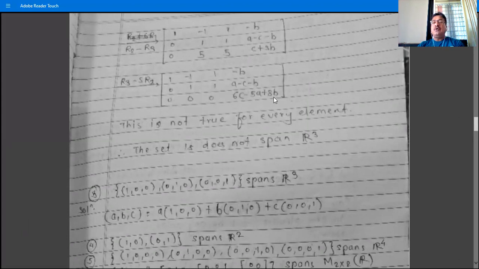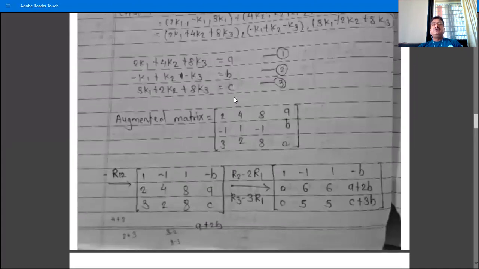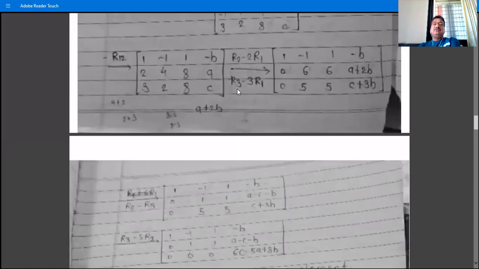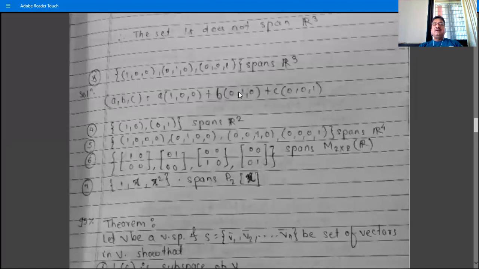And this is not true for all A, B, C. So the last equation is absurd for some A, B, C, and therefore every vector of R3 is not expressible as a linear combination of V1, V2, V3, and therefore we say that the set does not span R3, or the three vectors do not span R3. Okay, so the second example is the example of do not span.